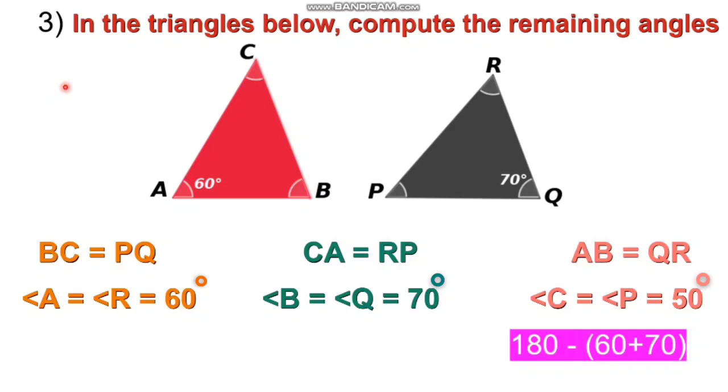Look at the third question. In the triangles below, compute the remaining angles. In this question, the equal sides are given below. These are the given sides: BC equal to PQ, CA equal to RP and AB equal to QR. These are the equal sides.